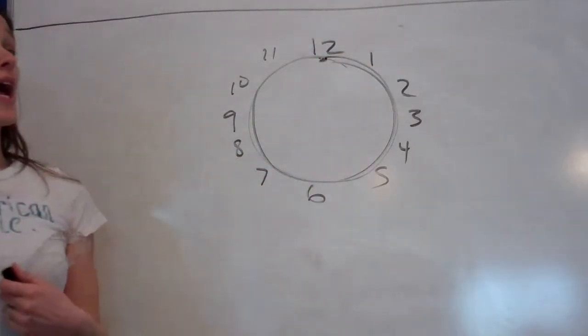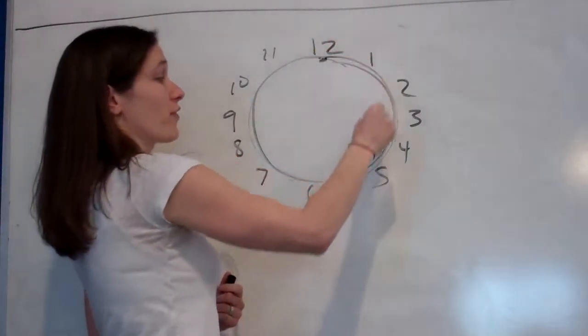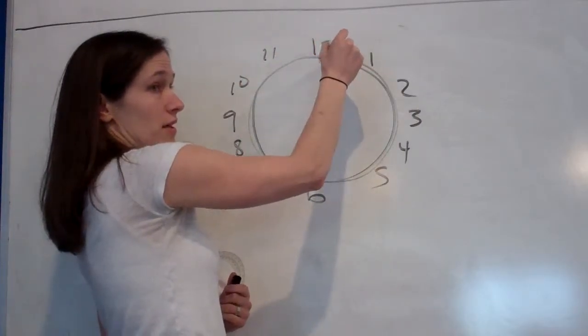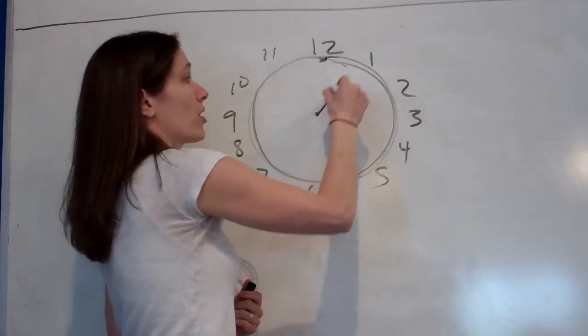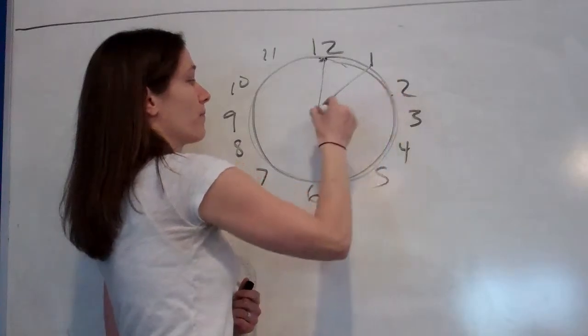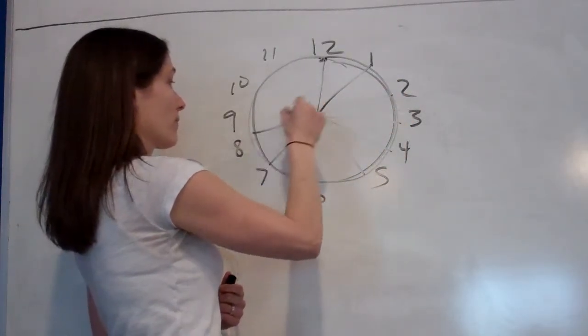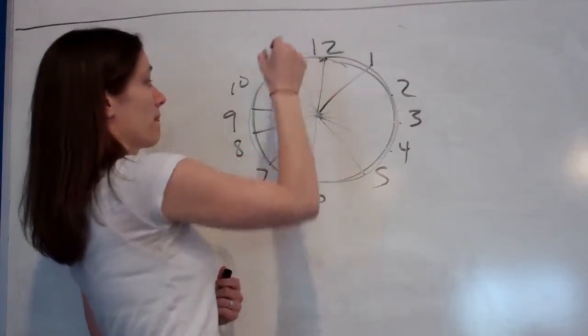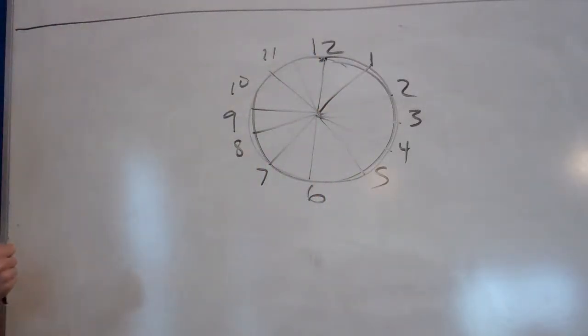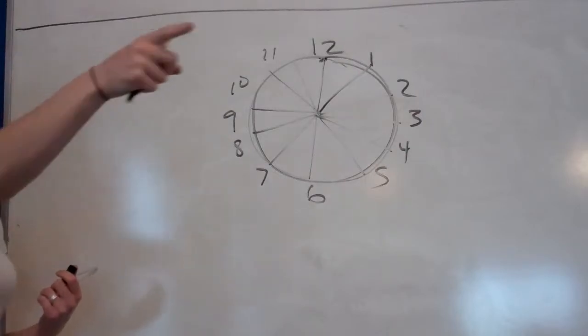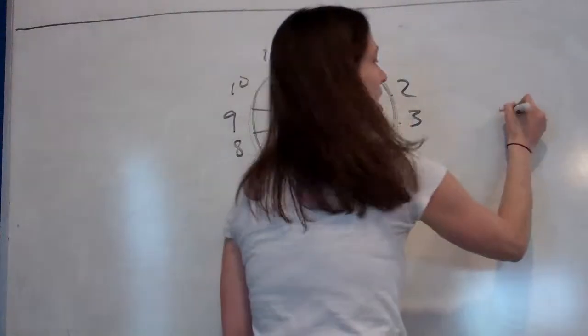And if I have 12 different sections, how much is each number broken up into? 30. Very good. Excellent job, Keegan.